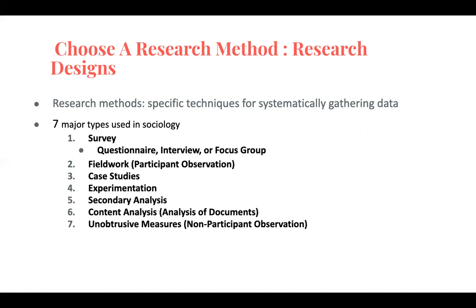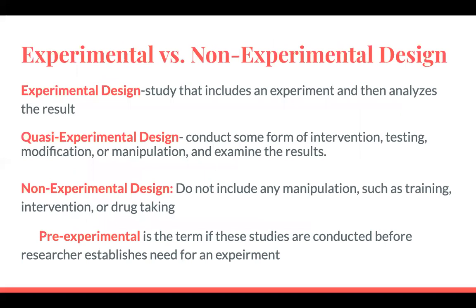What is interesting, and I guess is probably a hint that this textbook isn't necessarily focused solely on sociology majors, as opposed to just the broader social science distinction, is the fact that we do begin with this focus on experimental versus non-experimental designs.